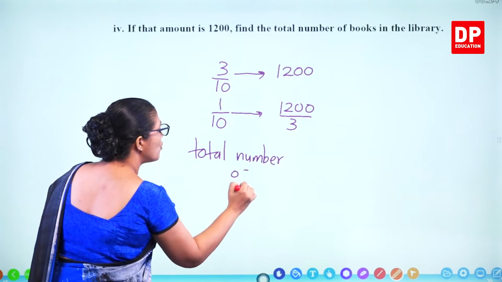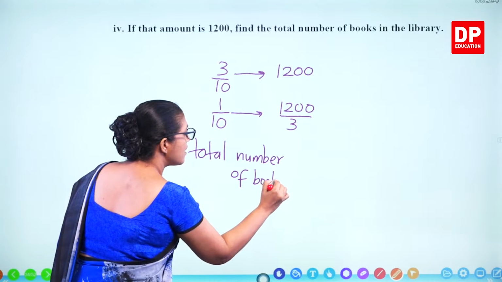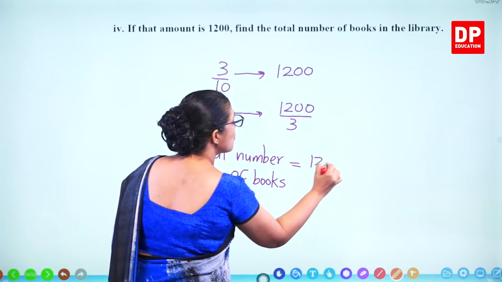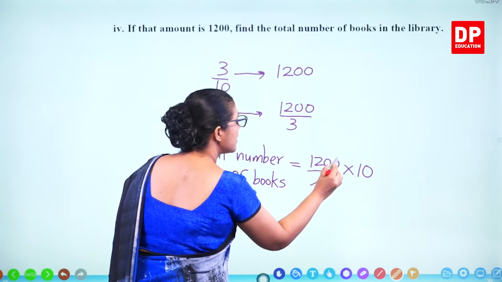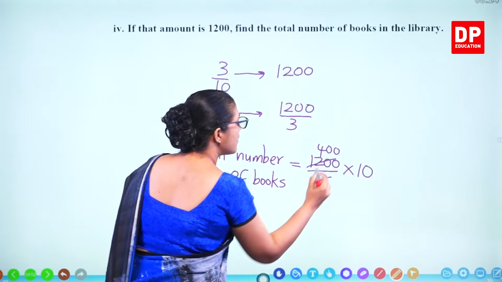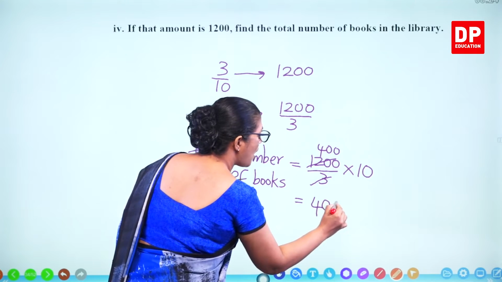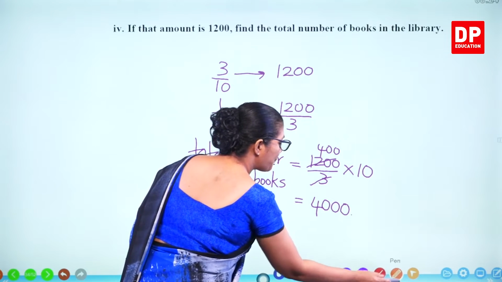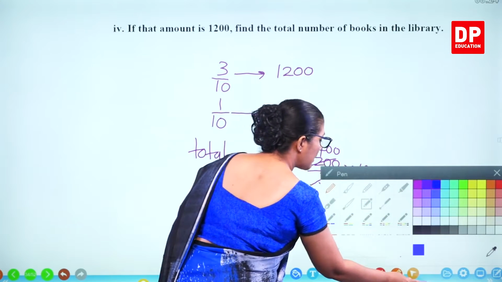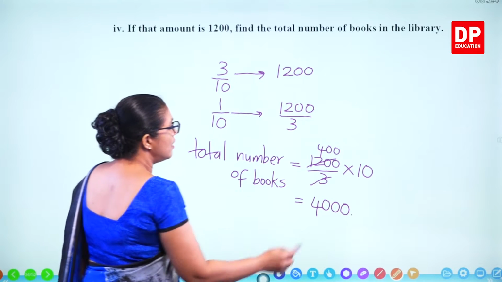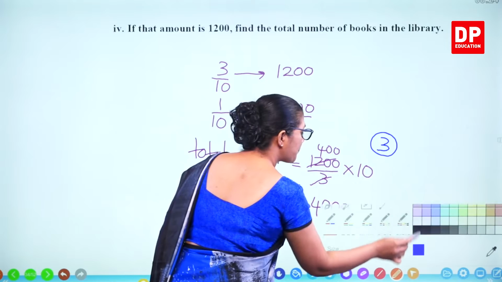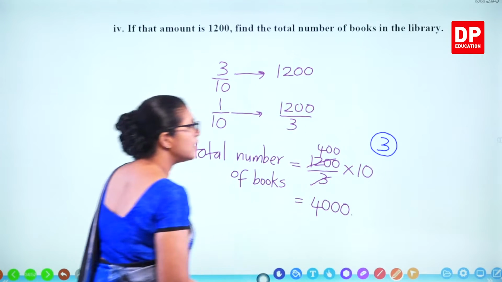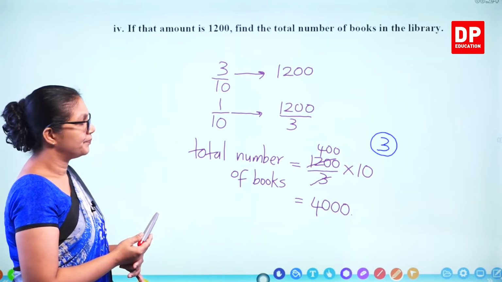Total number of books in the library is equal to 1200 divided by 3 multiplied by 10. So you get 400 into 10, 4000 books are there. So we can give 3 marks for this part. So altogether 10 marks for the whole question.